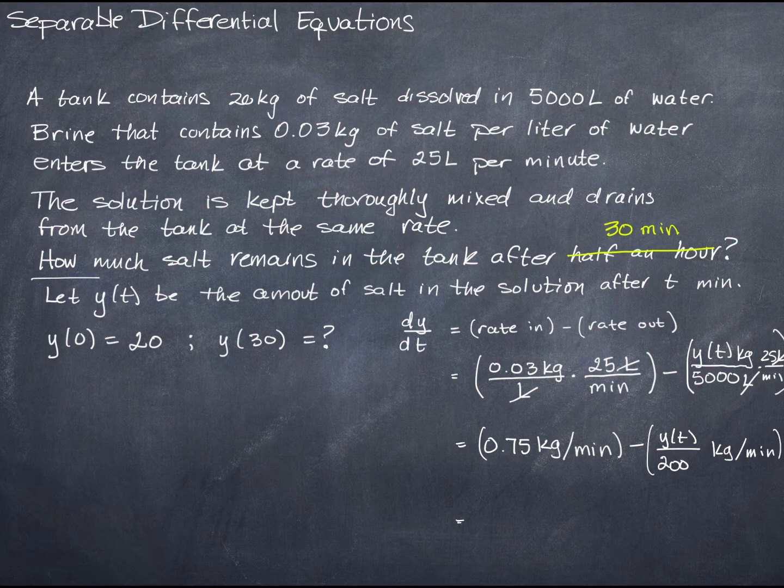This then simplifies to 0.75 minus y of t over 200, all in kilograms per minute, and I now have a differential equation. I think I'll simplify this just one little step further. I'm just going to write this as y over 200.